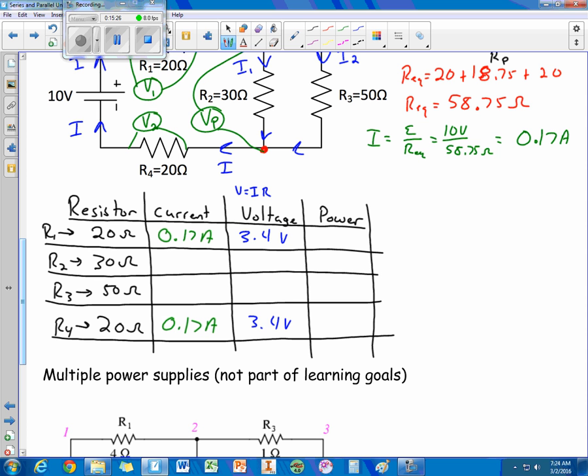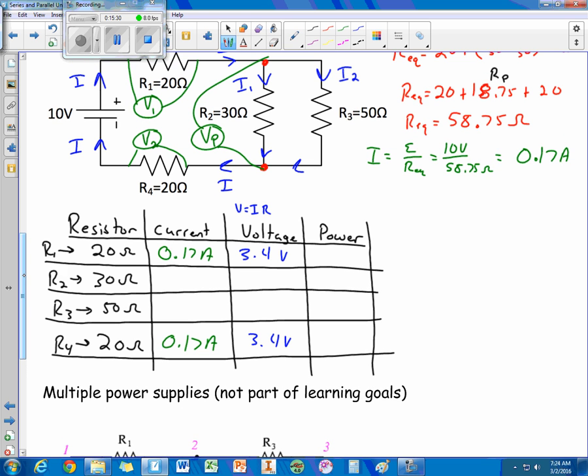For the voltage across R2 and R3, again, that's my VP, that would equal I times RP. So that's going to be my 0.17 amps times 18.75 ohms. So that gives me 3.19 volts.